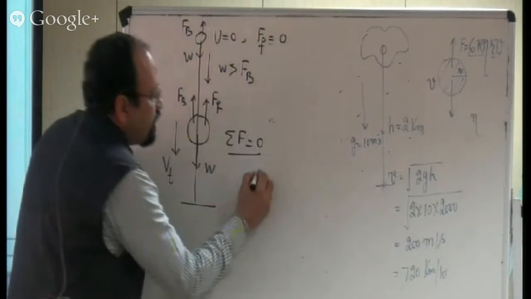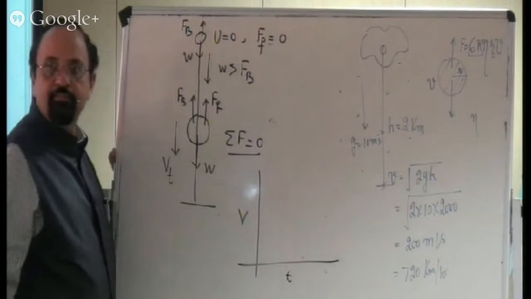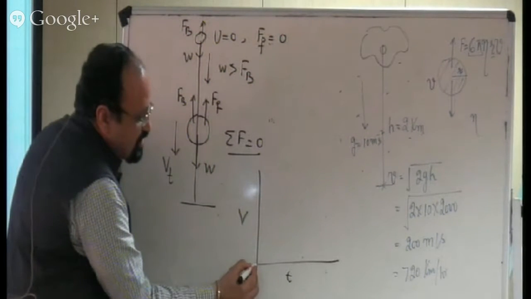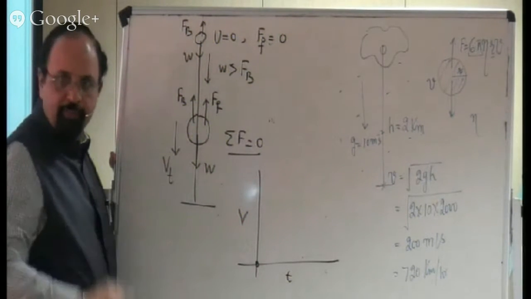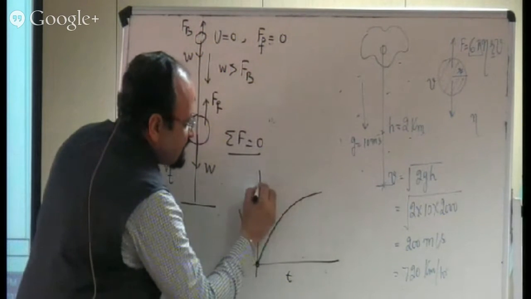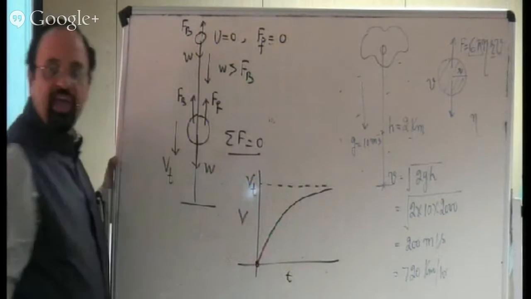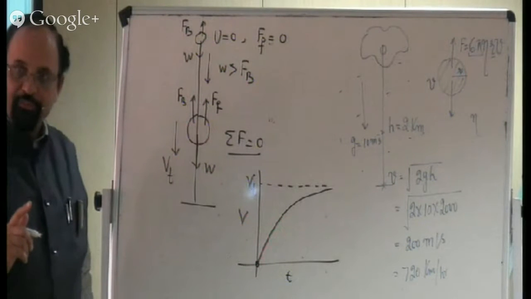If I have to plot a graph with time and velocity, it initially starts with 0 velocity, this we assume, right? The velocity increases, but this increase finally ends at a value, we call this the terminal velocity, right?